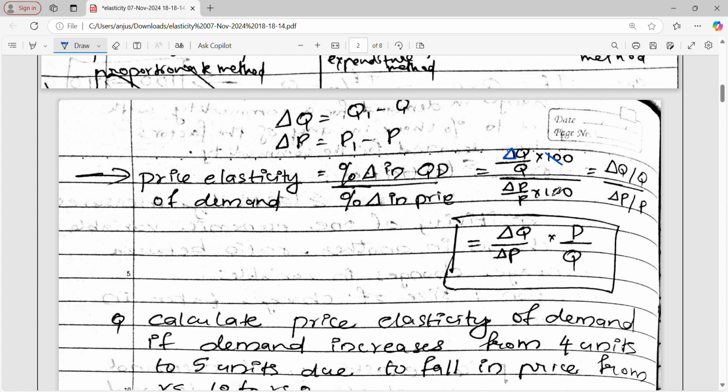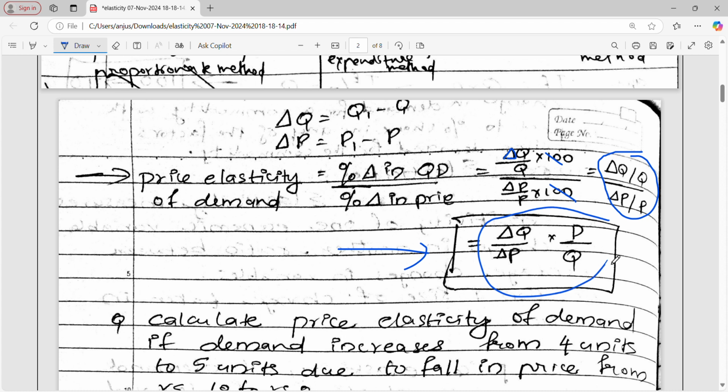Both the 100s cancel out. So this is how we get the formula. Later we will get it like this, when the denominator is put upside down, so we'll just get it like this. Okay.